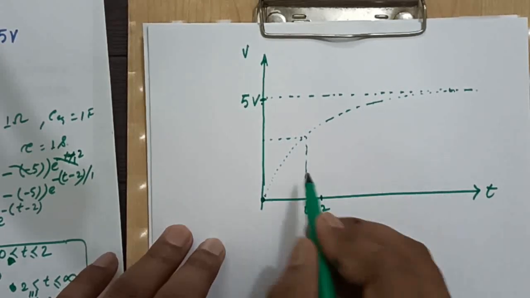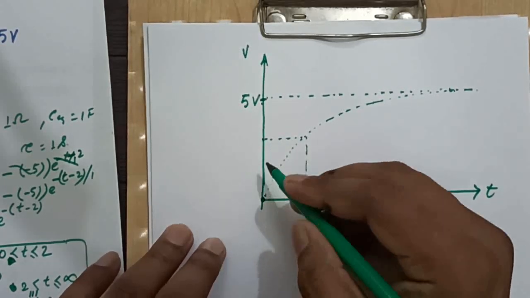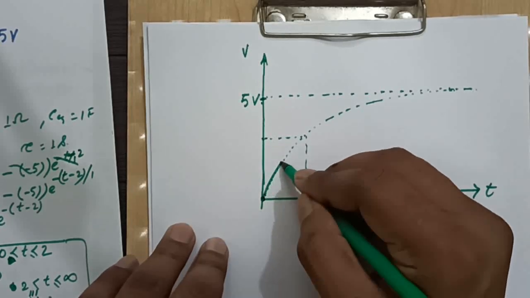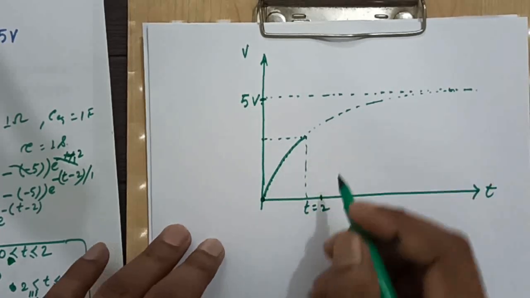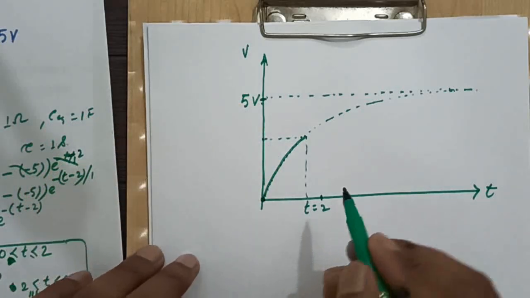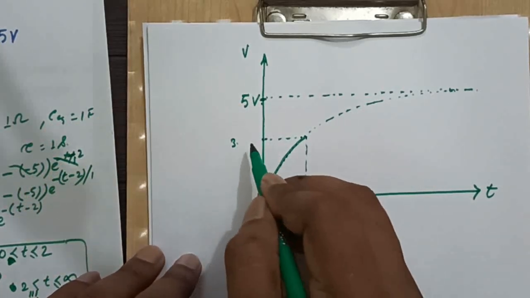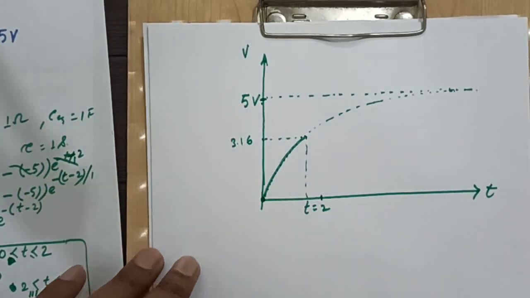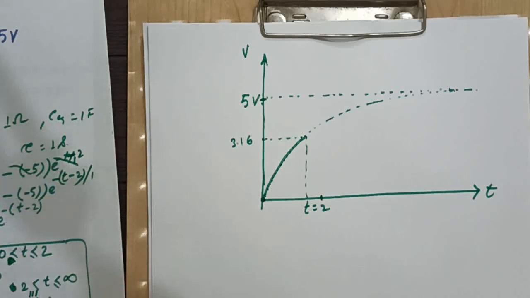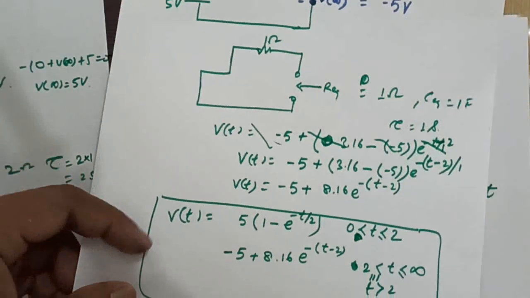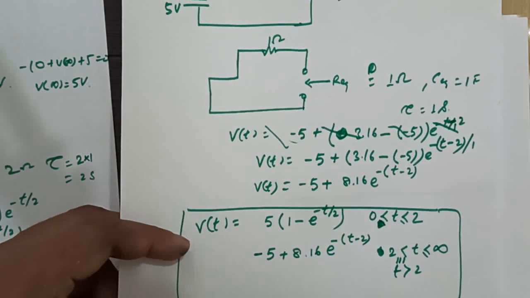At t equal to 2 seconds, the capacitor will have charged and achieved a voltage of 3.16. After introducing the second transient, what will the final voltage be?